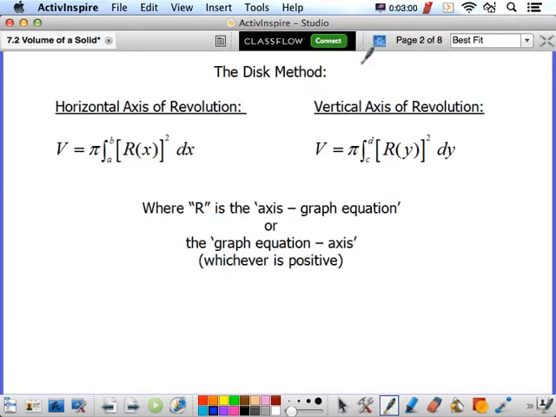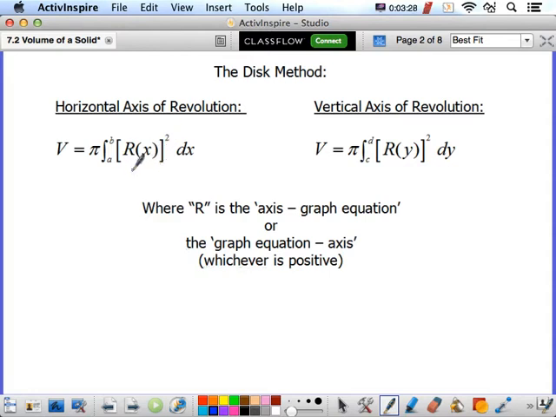So the formulas we're going to use to set up our definite integrals are as follows. This is what we call the disk method. If you have a horizontal axis of revolution, such as the x-axis or another line, such as y equals 2, y equals 3, y equals 5, the volume is always going to equal pi times the integral from a to b of R of x squared, and that's going to act as your radius squared.